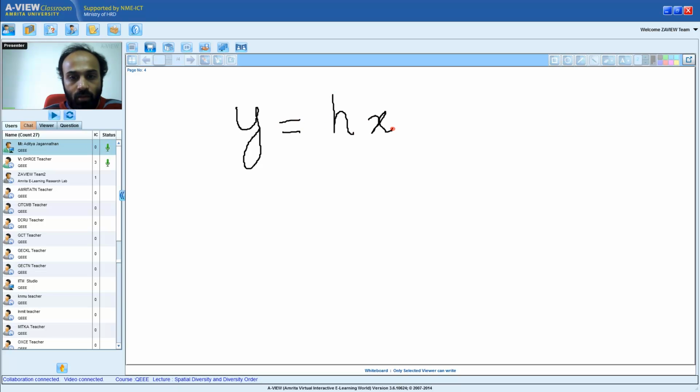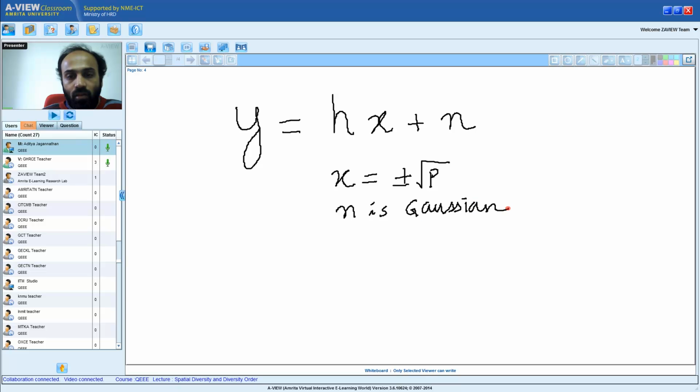I have Y is equal to HX plus N. Let us go back to our BPSK system where X is equal to either plus square root of P or minus square root of P. Noise N is Gaussian with variance sigma square. My question is, what is the SNR now?